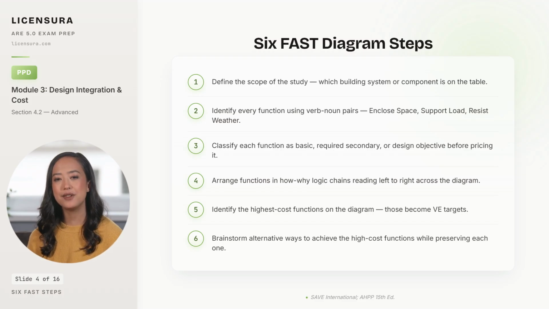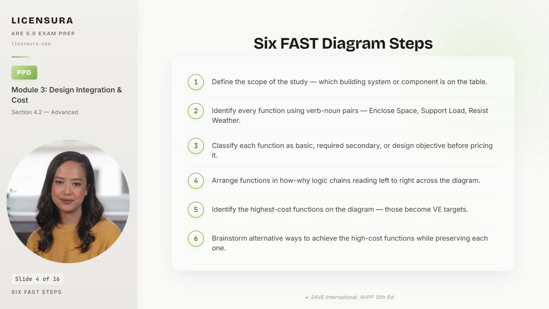Fifth, identify the highest cost functions on the diagram, because those are the VE targets where alternatives produce the biggest savings. And sixth, brainstorm alternatives that achieve each high-cost function at lower cost while preserving every required secondary function and design objective above it.